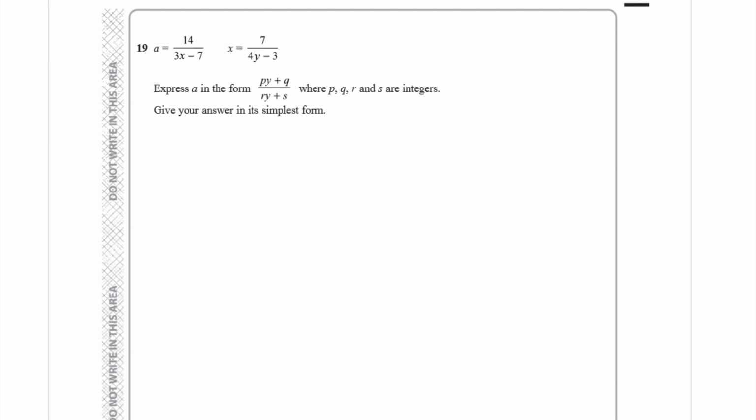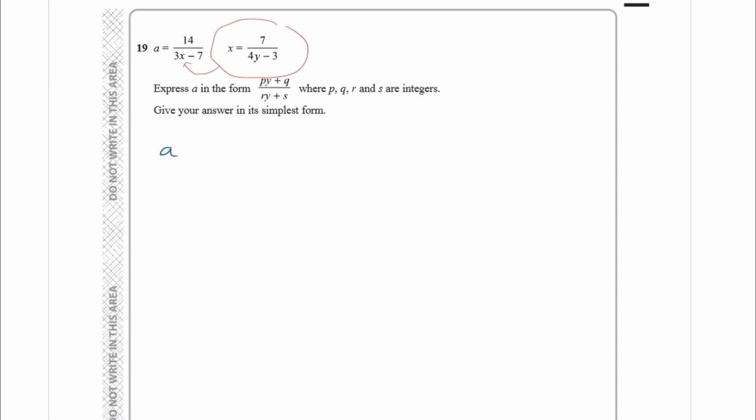So it looks to me like all we need to do here is to put the expression for x inside of the first equation. So we're going to take this whole expression here, and we're going to plug this inside of the x value here and try and rearrange, and then find the coefficients of p, q, r, and s. So presumably it's going to be a little bit of algebra, but we just need to take a deep breath and start, and we should be okay.